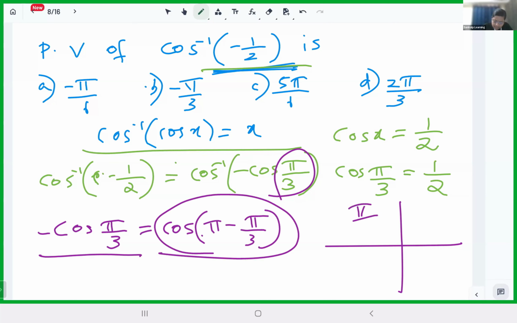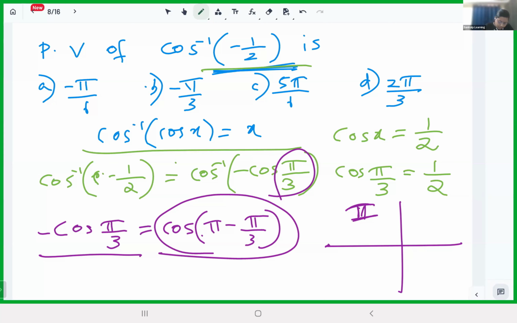Here it is pi. Pi minus pi by 3, it will go to the second quadrant, isn't it? So what happens in the second quadrant? In the second quadrant, you know that cos is negative, isn't it? Only sine and its reciprocal cosec are positive in that quadrant. All other functions are negative. So cos is also negative in the second quadrant.